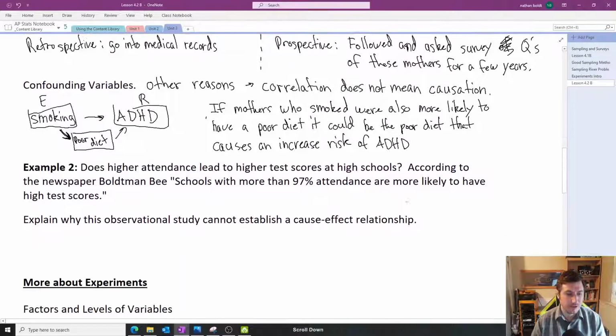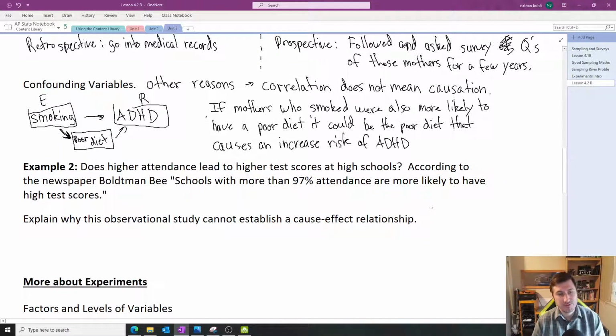All right, one more here. This one is one that you've talked about before. I think you saw an AP Classroom video on this. Does higher attendance lead to higher test scores at high schools? According to the newspaper Boltman B, schools with more than 97% attendance are more likely to have high test scores. That sounds pretty good.